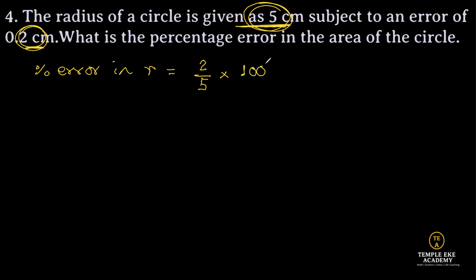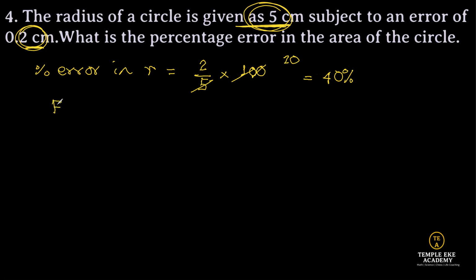And we can evaluate this very quickly. 5 divides into 10, that's 2 times. 5 divides into 0, that's 20 times. And that means the percent error in this measurement is actually 40%. That's massive. 40%, that's massive.